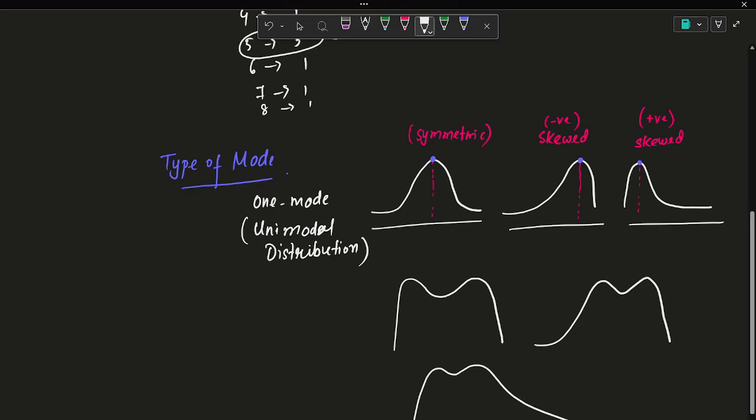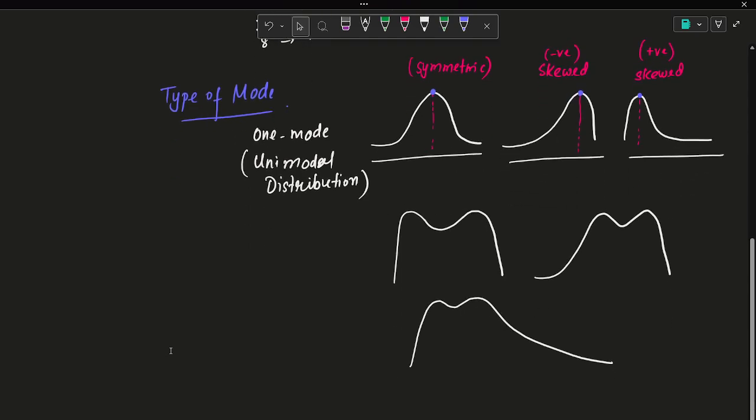For this type of data, skewness is also there, but it has two maximum points, this one and this one, so two modes are present. When we have two modes, it is called bimodal distribution.